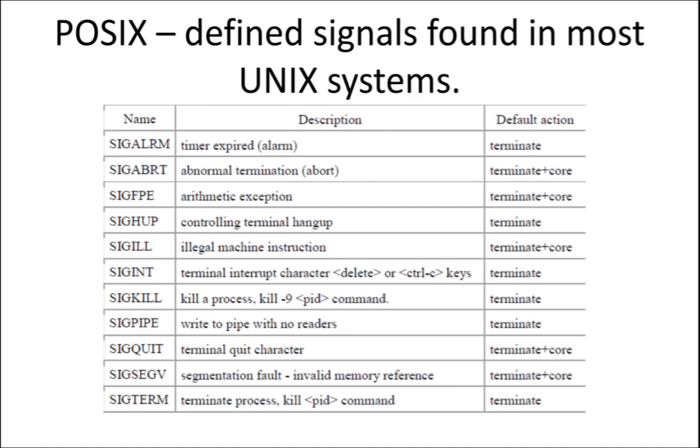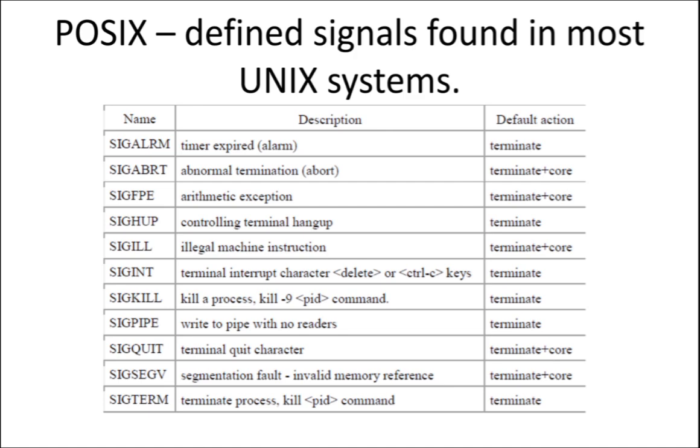SIGHUP, controlling terminal hang up. If the controlling terminal is not working, if it is hung, then you can send the signal SIGHUP. The default action is again terminate. Next, SIGILL, illegal machine instruction.